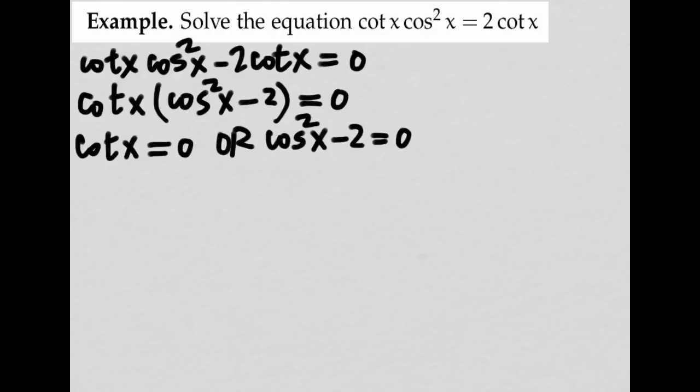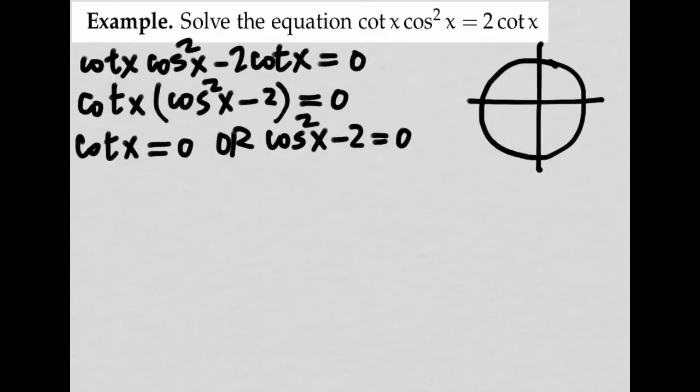To solve cotangent x equals 0, keep in mind that the cotangent has a period pi, and cotangent x is equal to 0 precisely when cosine x equals 0. That's because cotangent x is cosine x over sine x. Now, cotangent x is equal to 0 at pi over 2 in the interval from 0 to pi.